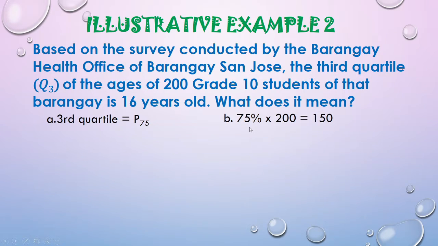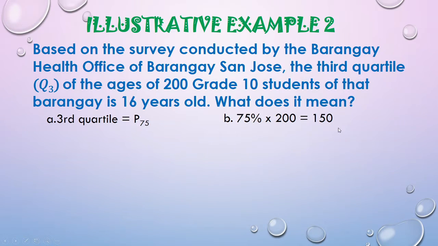So, 150. Para malaman natin kung ilan yung age of grade 10 students that are 16 years old. Ang sabi dito ay nasa third quartile, at yun ay 150, kasi 75% times 200 is 150.